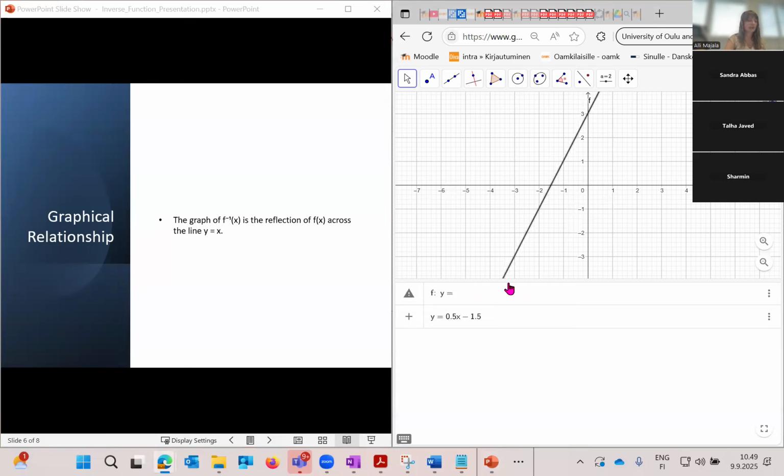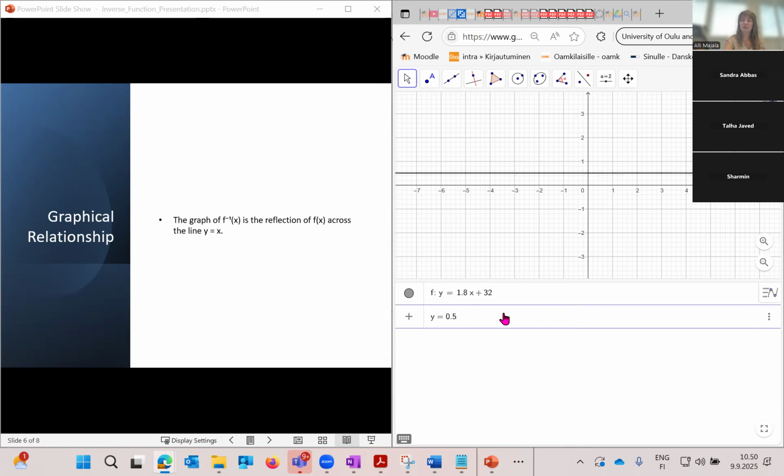Let's put that in still. So we got first Celsius. We got 1.8x plus 32. And then the other one was 5 9x minus 160 divided by 9. Does this go the correct way now?